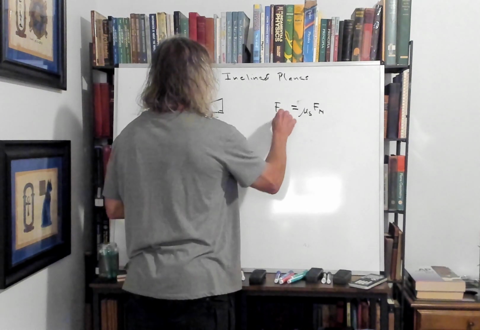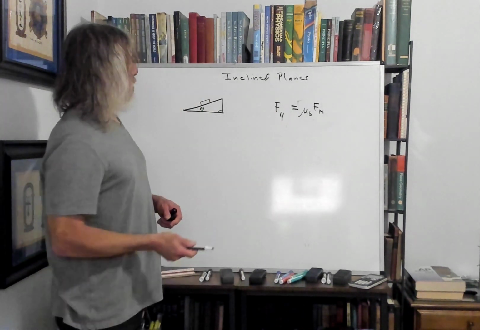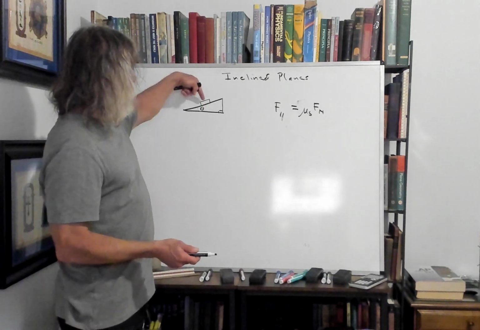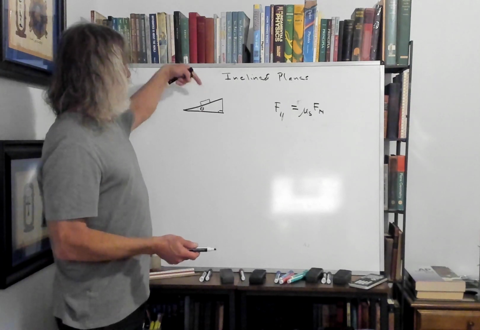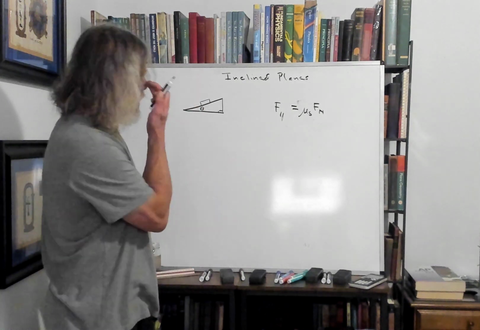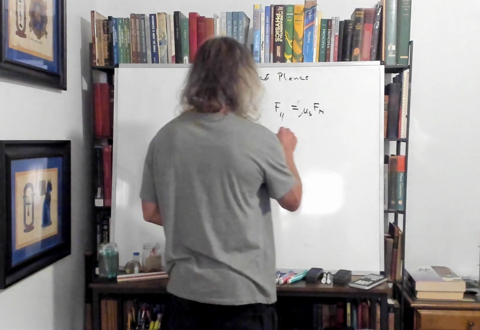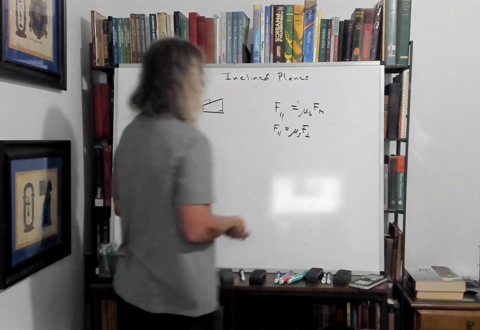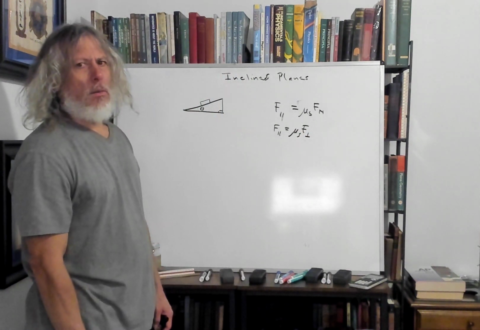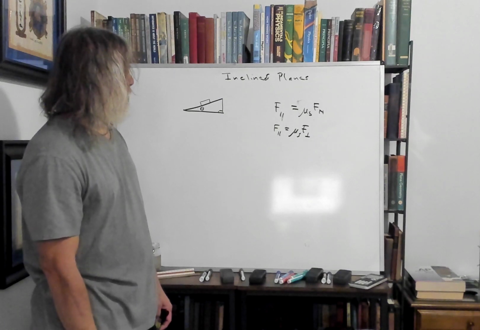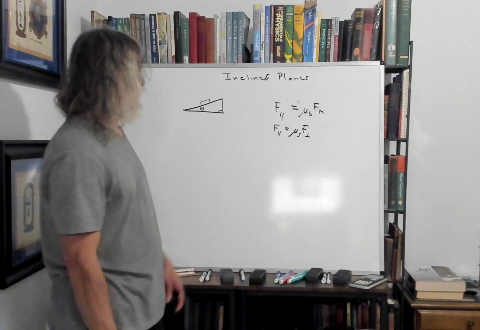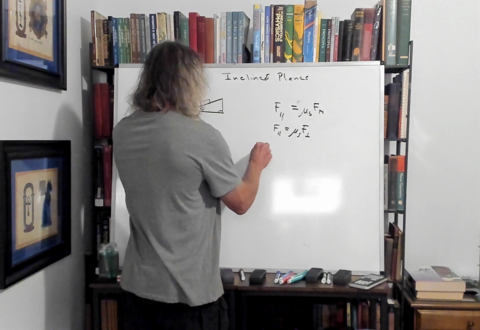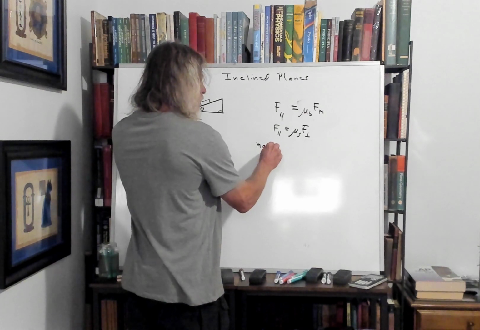But the normal force of the inclined plane is just equal to the perpendicular component of gravity, because the board's just supporting the perpendicular component of the weight. And so then, with stuff we discussed before, the parallel component would be mg sine theta.